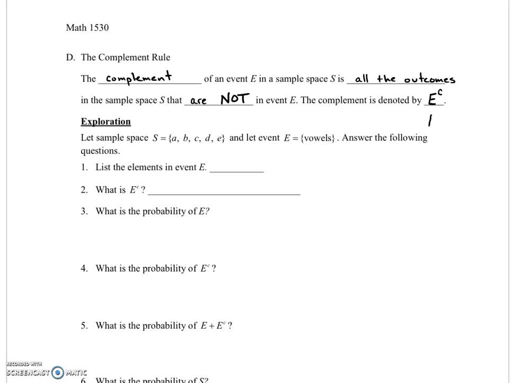Sometimes you might see a problem where you see the same letter as the event with a bar over it.